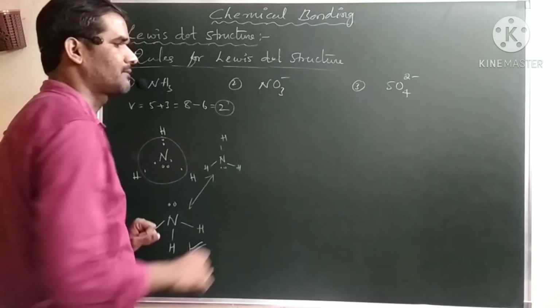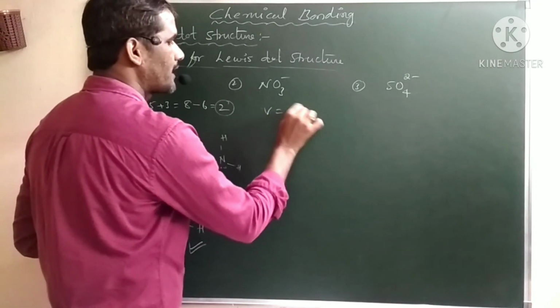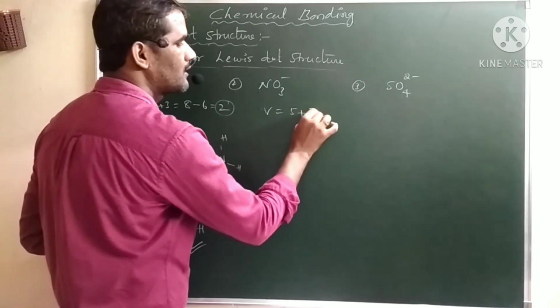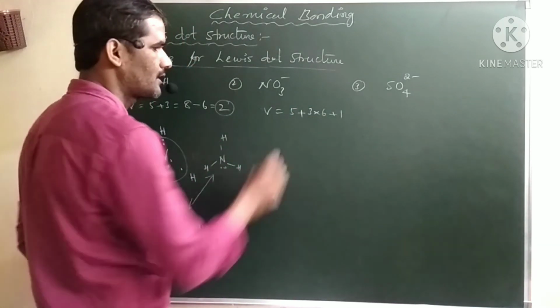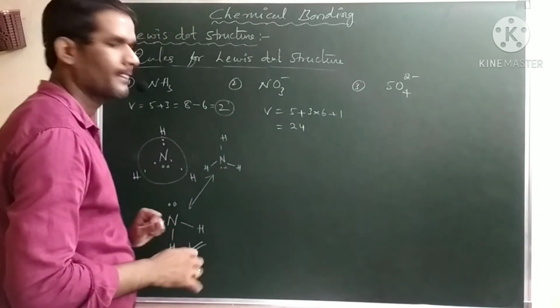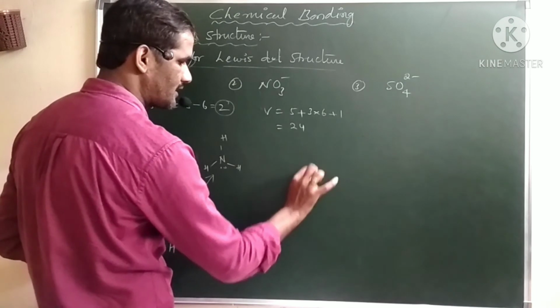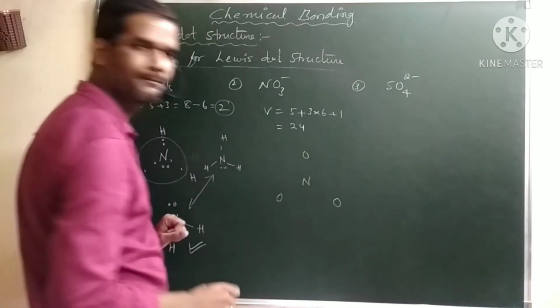Come to the NO3 minus. Here valency electrons, nitrogen 5, 3 oxygens are there, and 1 negative charge is there, and overall you will get 24. Now nitrogen is anyhow the central atom, and 3 oxygens we have to keep around the central atom.